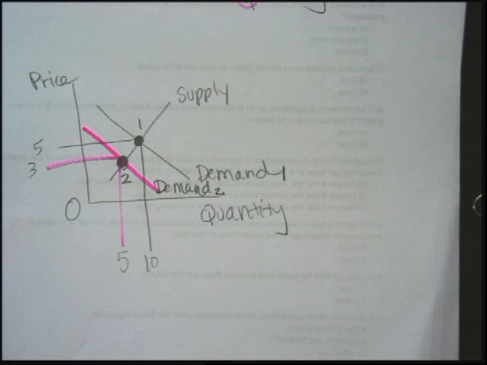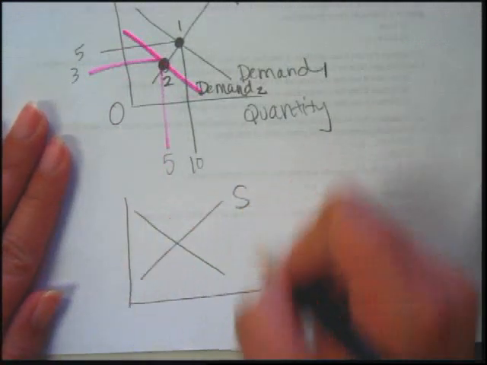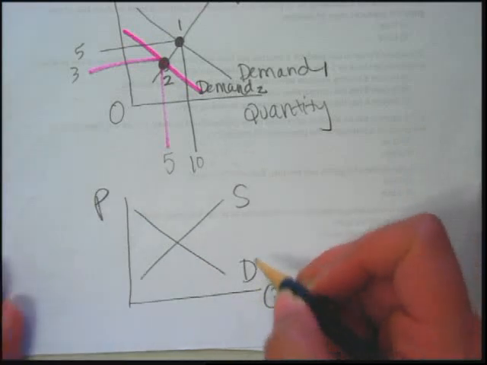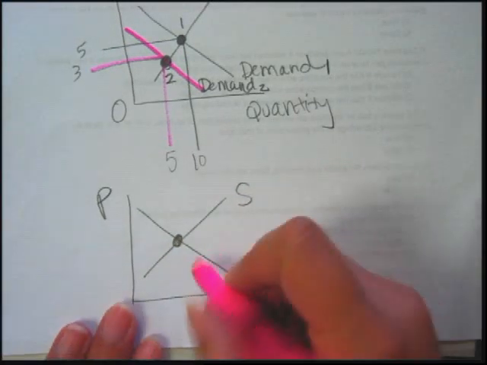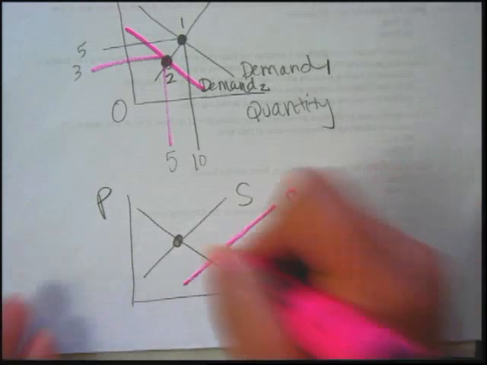The curve is going to look like that. There's our second equilibrium.